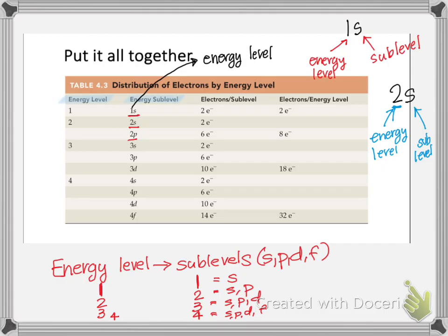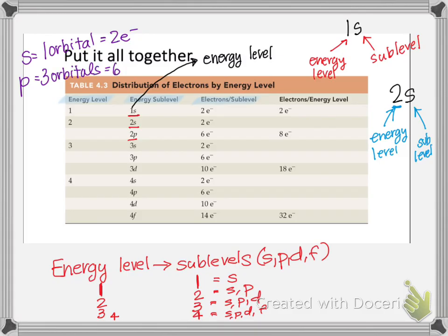Then in this table, they say how many electrons are in each sublevel. Well, we do have to remember, and I'm going to write it down here on the side for you, that an S has 1 orbital. So that's 2 electrons. Any P, whether it's a 2P, 3P, 4P, this has 3 orbitals.